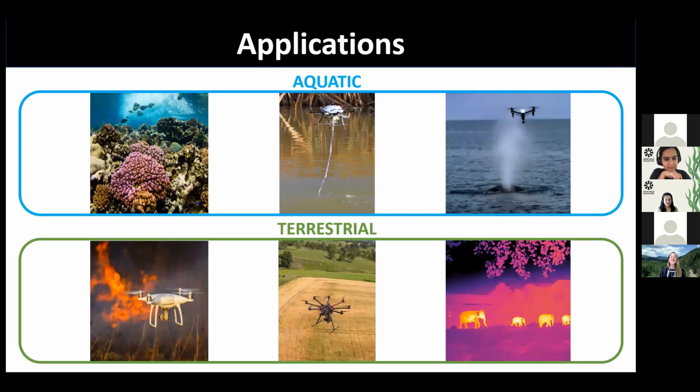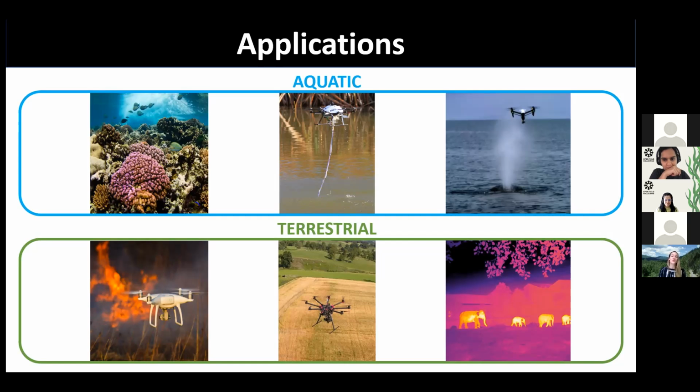So those were some really great ideas, and I've categorized some of these applications into aquatic or water related and terrestrial or land related studies with drones. So some specific examples include coral reef mapping, water quality samples, tracking whales, as you can see on the upper right, as well as disaster monitoring like fires, as you mentioned, land cover change.